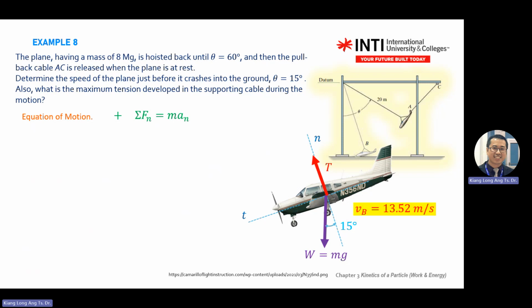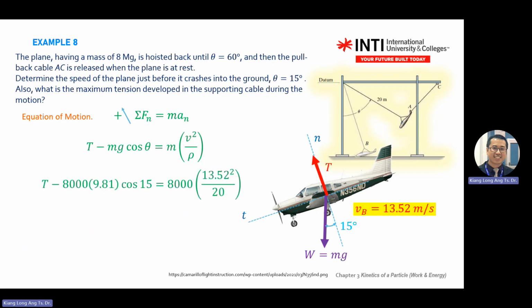So apply F equals ma in the normal direction. You need to split W in the normal direction. Positive goes up because normal points into the curve. T minus mg cos theta equals m times acceleration in the normal direction, so v squared over rho. Rho you know is 20. Substitute the values in.